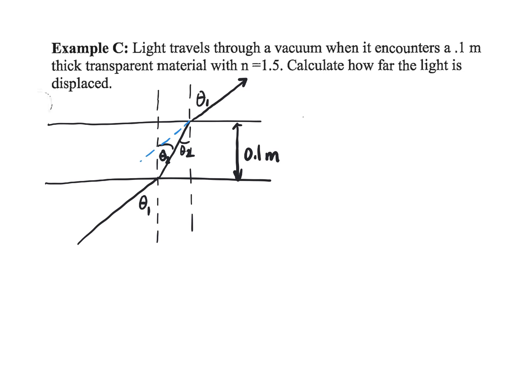This guy right here is parallel, correct? So what I want you to notice is two things. Number one, I have this triangle right here, which is a right triangle. Then I have this triangle, which is also a right triangle, correct? Now, that's not what I'm trying to find. What I'm trying to find is this distance D right here. But, do you see how knowing those two triangles is going to help me with that one?